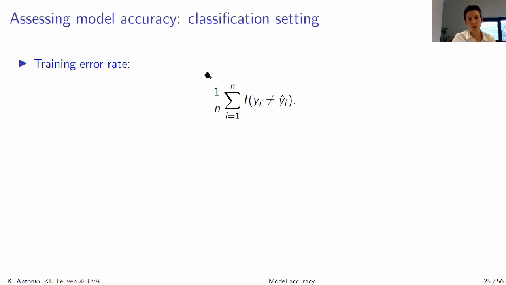And of course, if I want to evaluate the error of what we call a classifier, so a classification model, that's often called a classifier. If I want to evaluate the error that this classifier is making, then I can evaluate it on training data, I can evaluate that on test data.